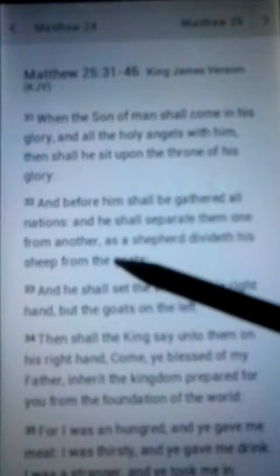I'm going to bring it to your attention, everyone. The word nations is 2015. T is 20 and O is 15. "And he shall separate." The word separate shows the year 2015. T is 20, A is 1, and E is 5. "One from another." T is 20, O is 15.